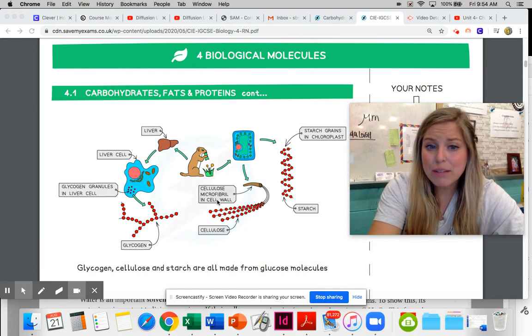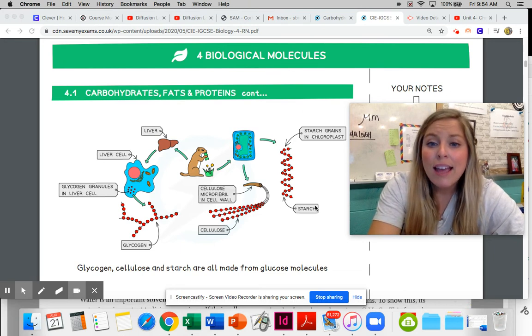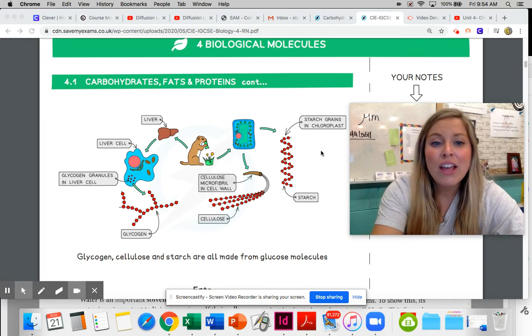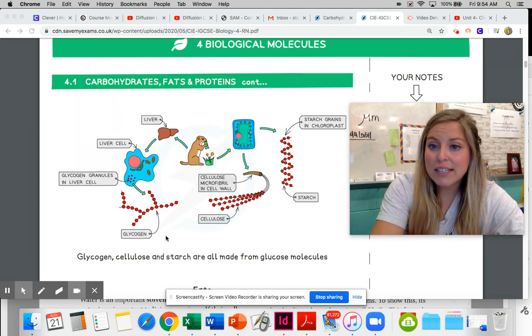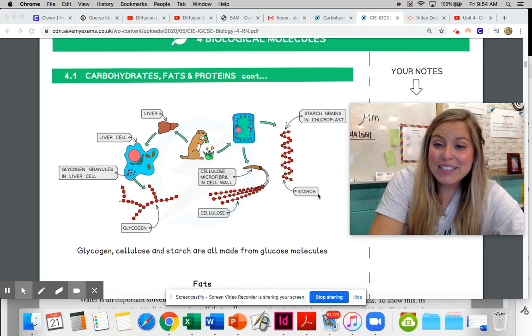And that comes from the cell wall being made of those carbohydrates. And in other places where carbohydrates are stored in plants, we refer to it as starch, and it's stored in the chloroplast, so it can have readily available energy to carry out photosynthesis. So just remember, when we're talking about complex carbs, you always want to think glycogen is in humans, while cellulose and starch are going to be found in plants. All right, so that's it for carbohydrates.